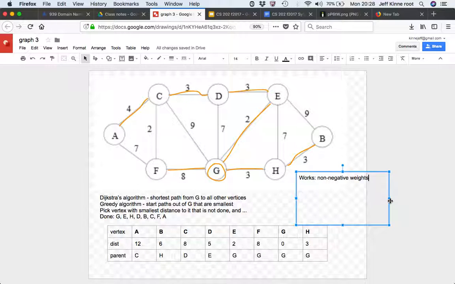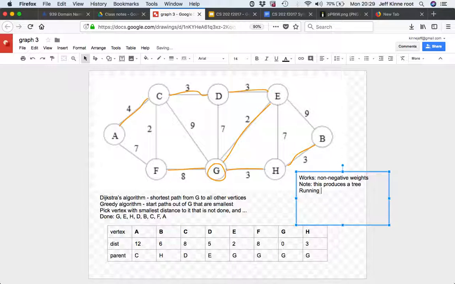And note, this produces a tree. There'd be no reason to have a cycle in here, so this does produce a tree.